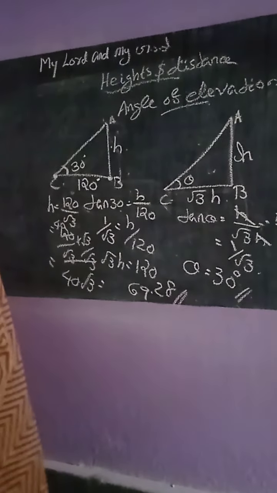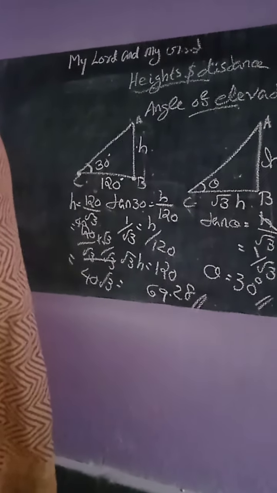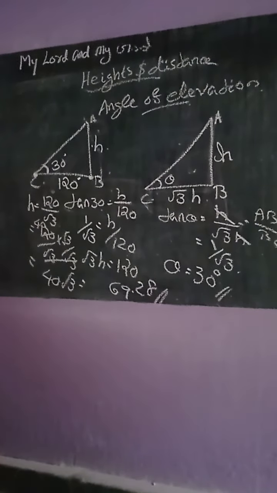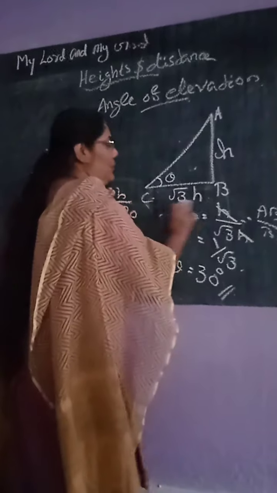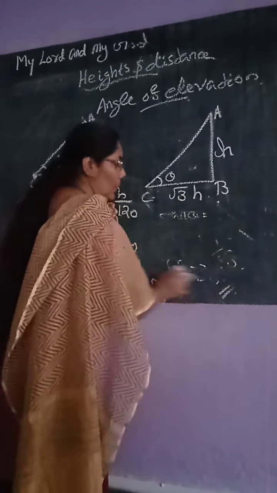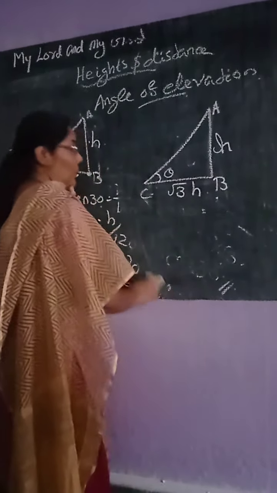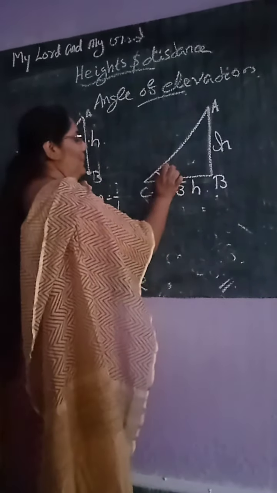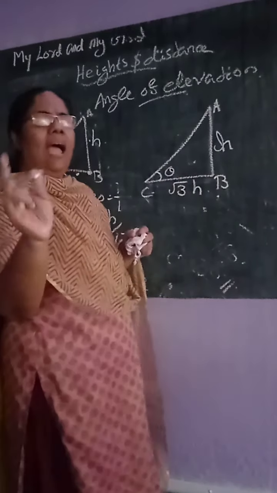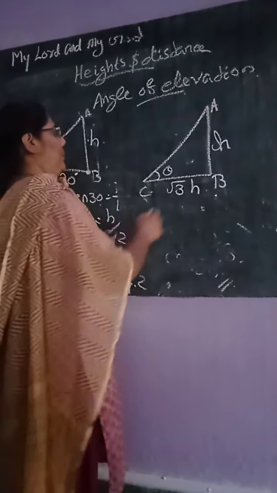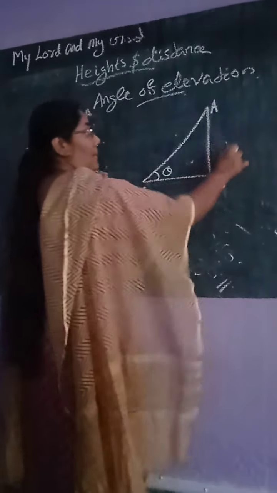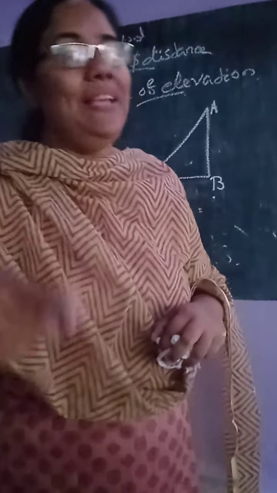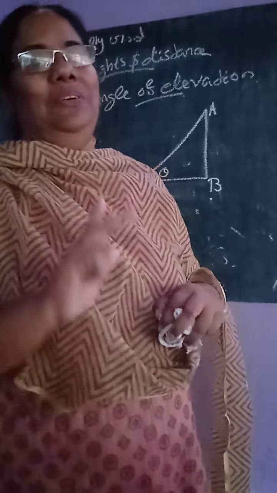The height of a tree is root 3 times the length of its shadow. Find the angle of elevation. What's the condition? The first question is the shadow is root 3 times the height of the tower.